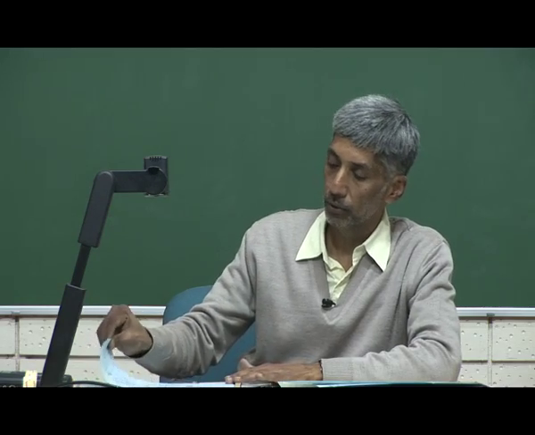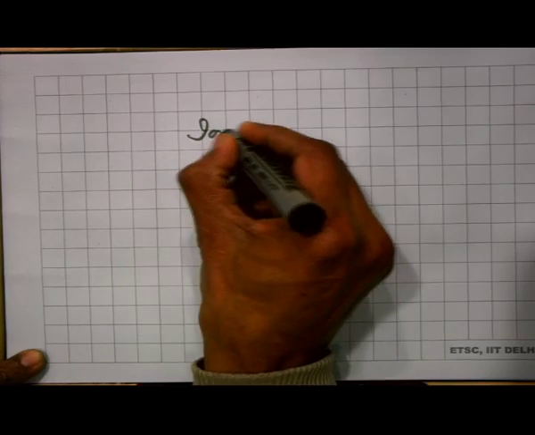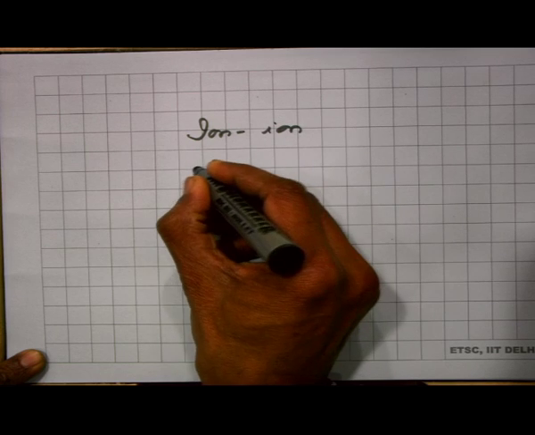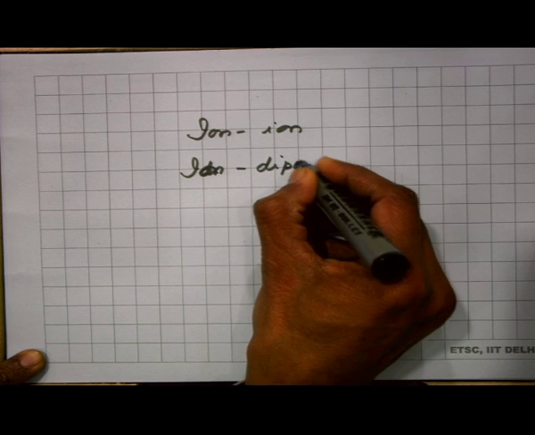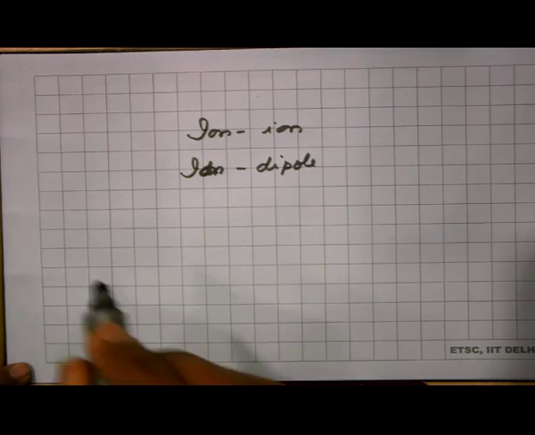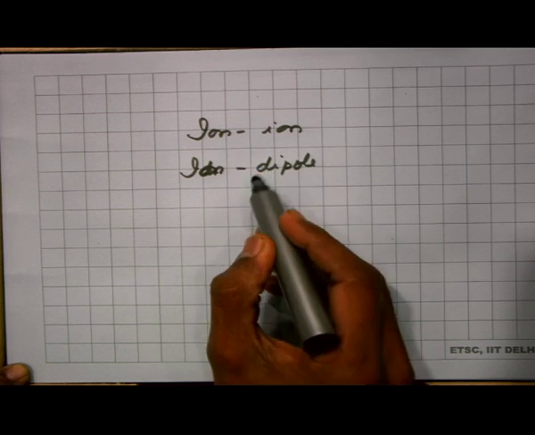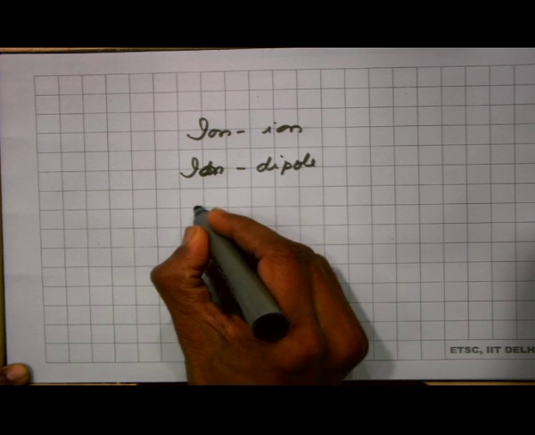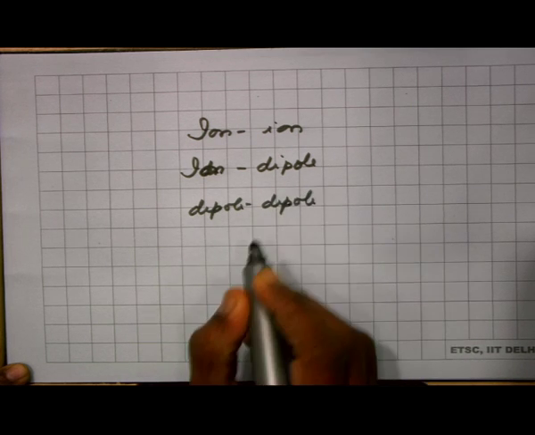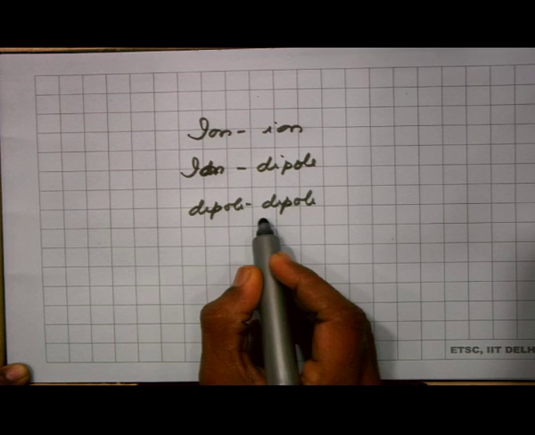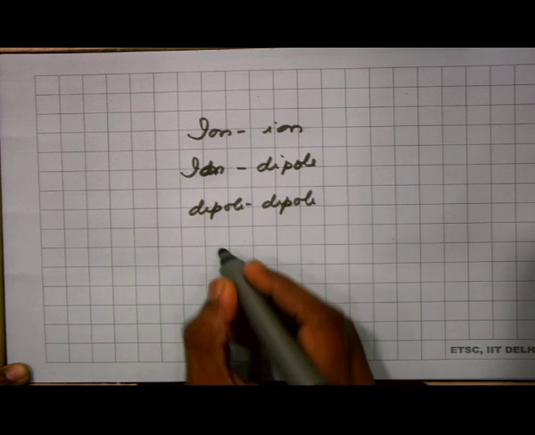So, thus far we have come across two things. We have looked at ion-ion and ion dipole. And you remember, let us just recap from last class: ion-ion, ion dipole, dipole-dipole, and a part like dipole-dipole is the hydrogen bond, which would come somewhere, we will not worry about this yet.